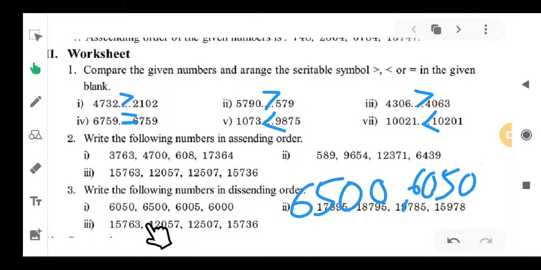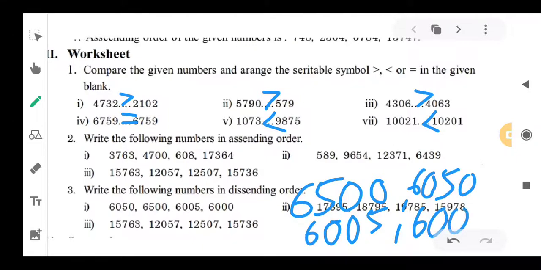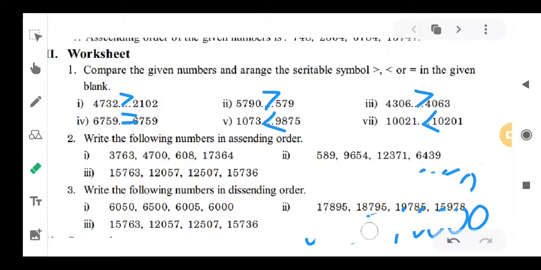So in these 2, the fourth place, this is 5, this is 0. So this is the bigger one. So in next place 6,005 and in last place that is 6,000 smaller one. So this is the descending order for first problem. Okay. Next problem.